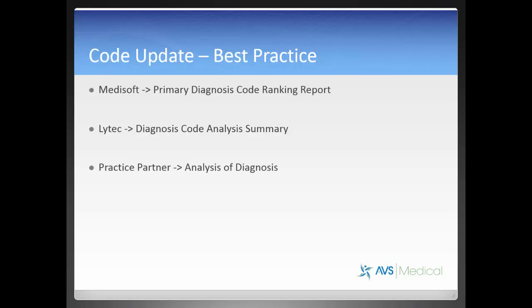You're going to want to run that diagnosis code ranking report, and it will tell you the most popular ICD-9 codes you're using and how frequently you're using them. So you can take those lists and go into that diagnosis code maintenance window and update them ahead of time, saving yourself a lot of time. So there are the names of those reports for the different practice management softwares.